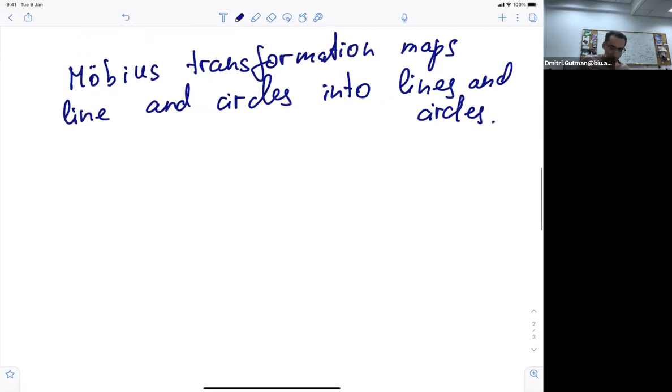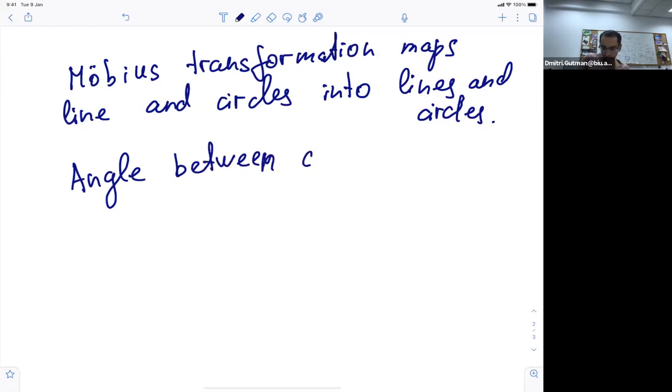Moreover, this transformation preserves the angle between curves. Yeah, so the angle between curves is preserved.